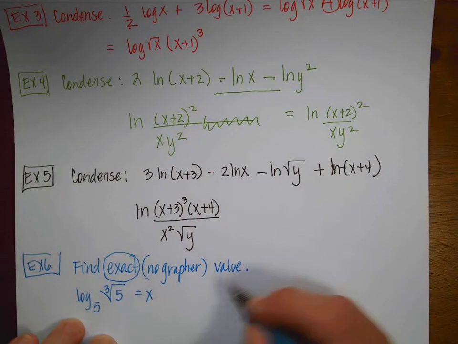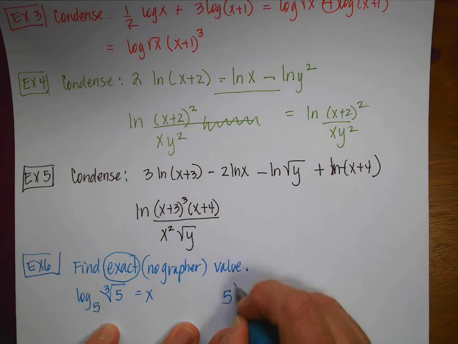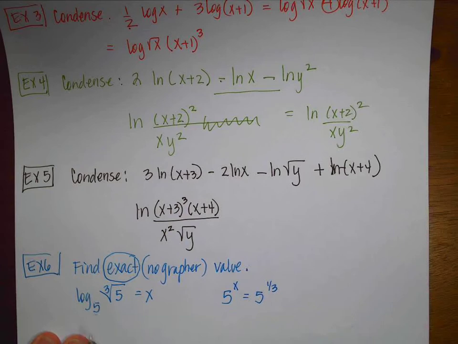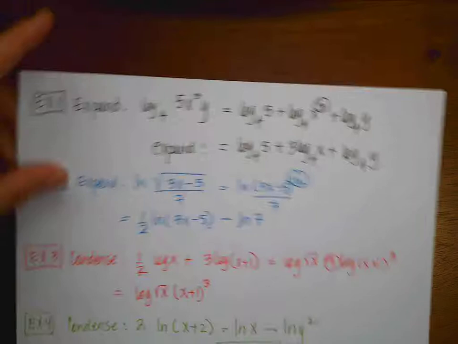Because the problem is in log form, I'm going to go back to exponent form. So this says 5 to the x is equal to 5 to the 1/3. The third root is written as 1/3. I get x is equal to 1/3. That was pretty easy. All right, next example.